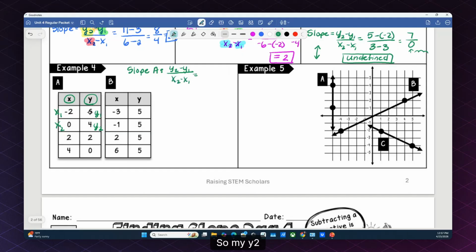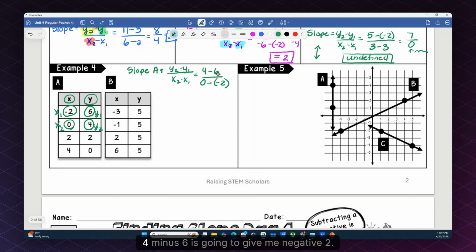So my y2 is this 4 minus my y1 is the 6. x2 is 0 minus -2. Okay, 4 minus 6 is going to give me -2. 0 minus -2 is going to be the same thing as adding 2, so that's a +2. So my slope for data table A is a -1.